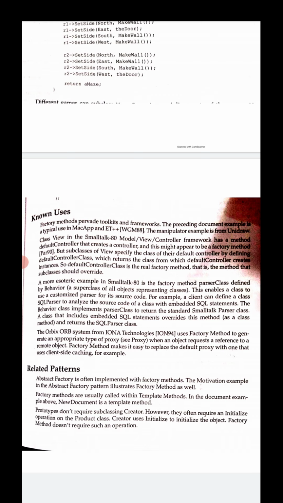Next, the Orbix ORB system from IONA Technologies uses a factory method to generate an appropriate type of proxy. Whenever an object requests a reference to a remote object, the factory method makes it very easy to replace the default proxy with one that uses client-side caching.